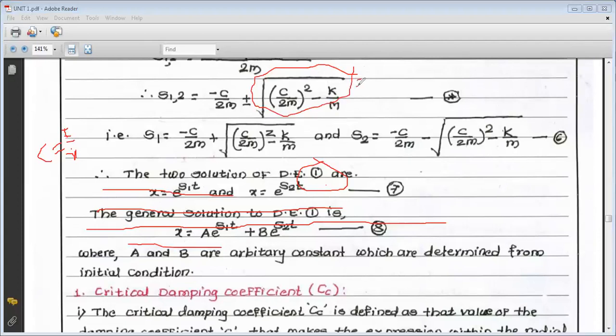If this part of the equation becomes 0, then this C is replaced by Cc. So this is the definition of critical damping coefficient.